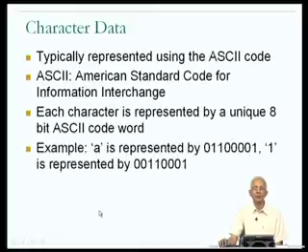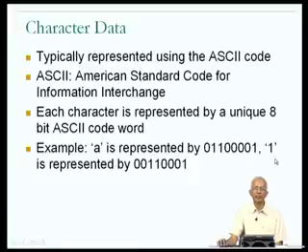But just to give you some examples, the character lowercase a is represented by the bit sequence 0, 1, 1, 0, 0, 0, 0, 1. So whenever lowercase a has to be represented in a digital computer which is using the ASCII code for representing characters, it does so using the bit sequence 0, 1, 1, 0, 0, 0, 0, 1.